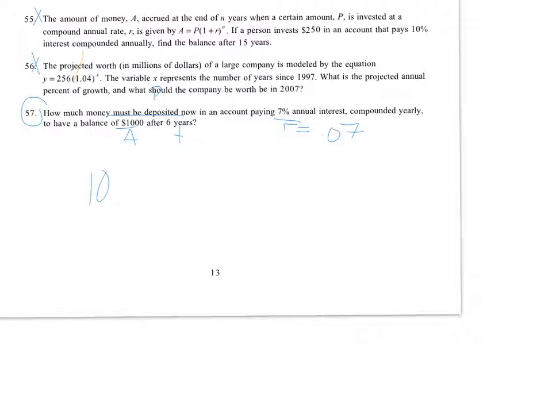I don't know why I said 6,000. It's 1,000. So 1,000 is equal to P. That's what we don't know here. That's why it's a little bit more interesting. Times 1.07 to the sixth. If I were to do that out, 1.07 to the sixth, we get about P times 1.501 is equal to 1,000.